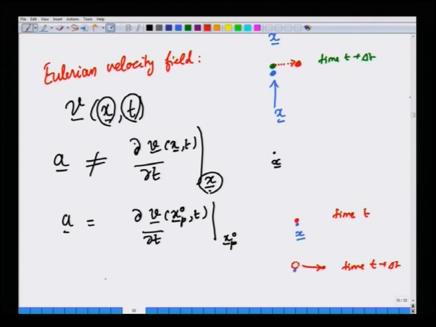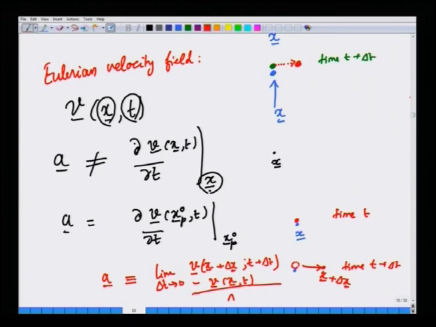So, the acceleration in principle is defined as the limit as delta t tends to 0 of the velocity of the particle which is at x plus delta x at time t plus delta t, minus the velocity of that particle which was at x at time t, divided by delta t.